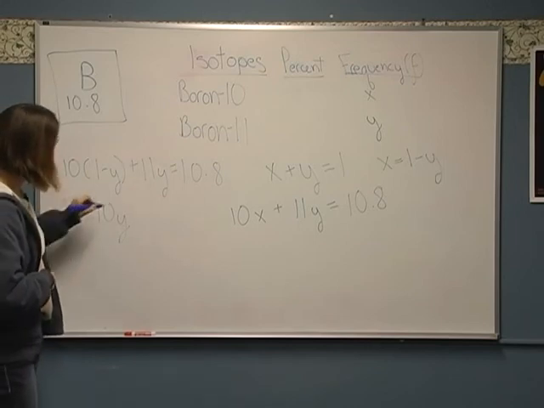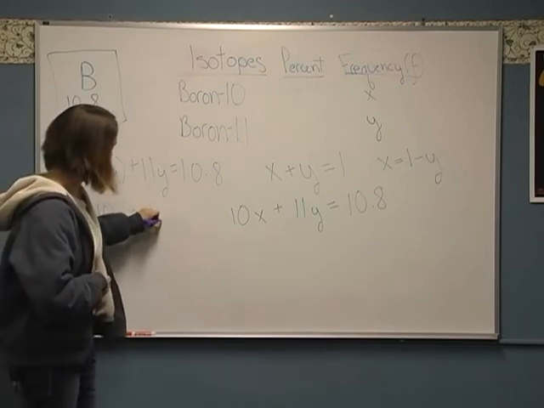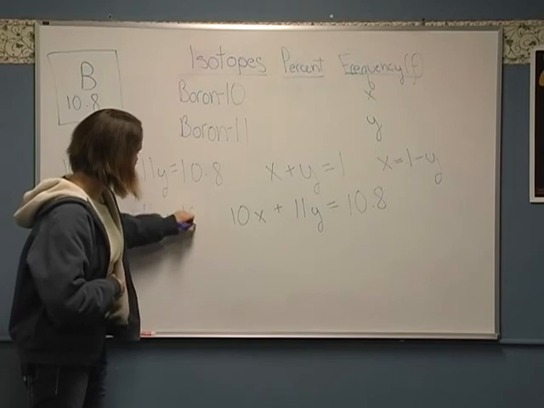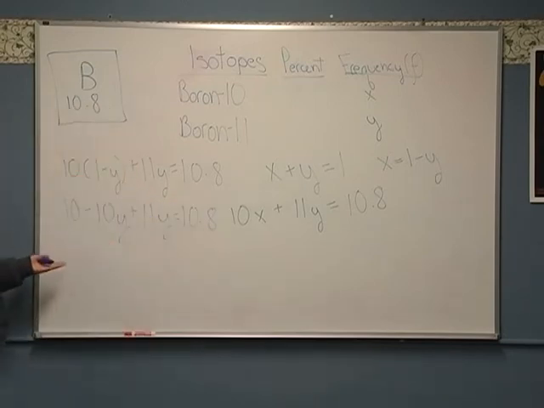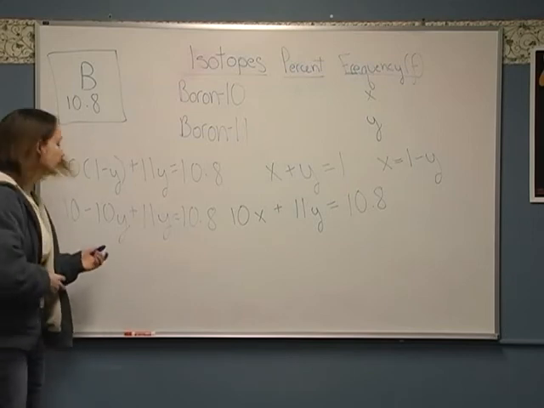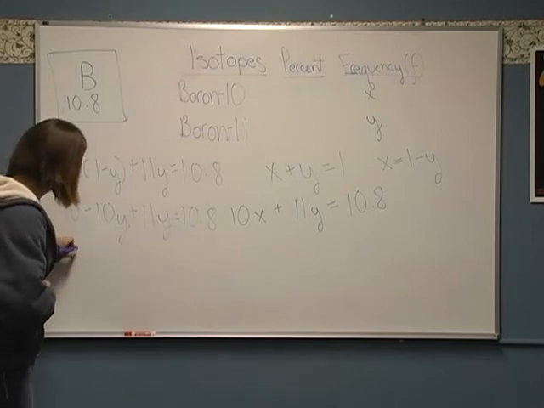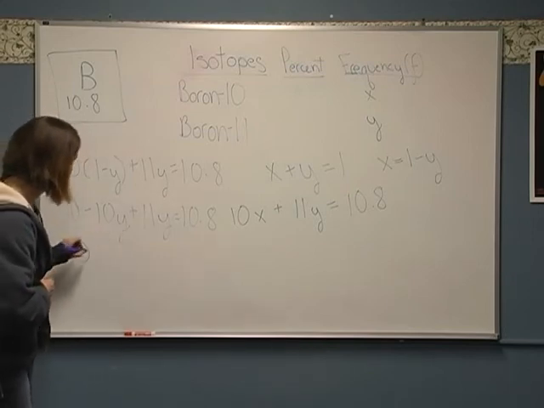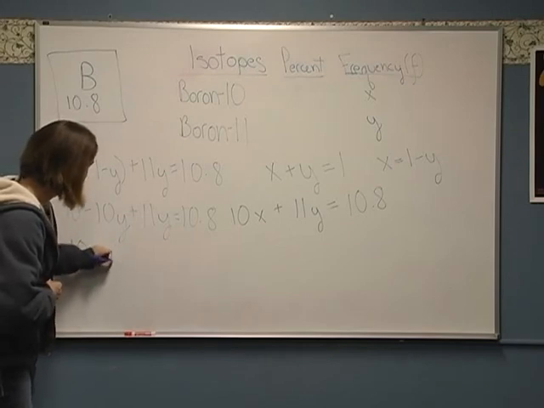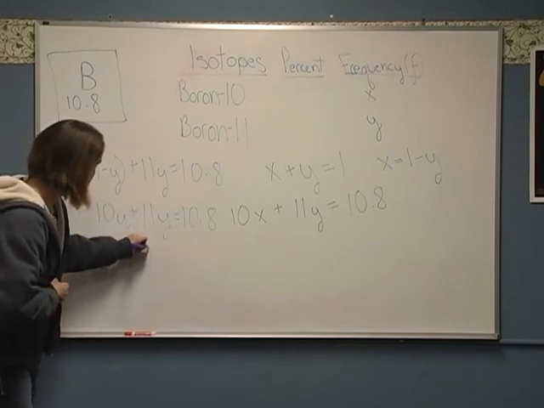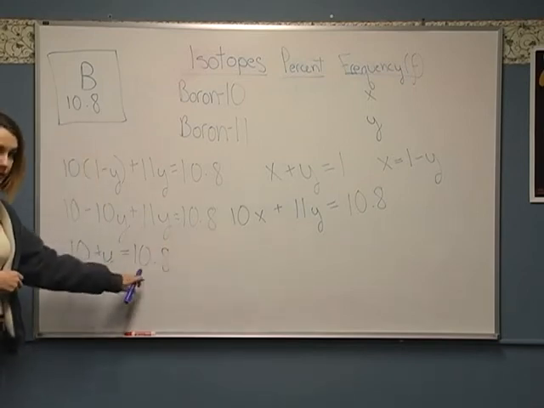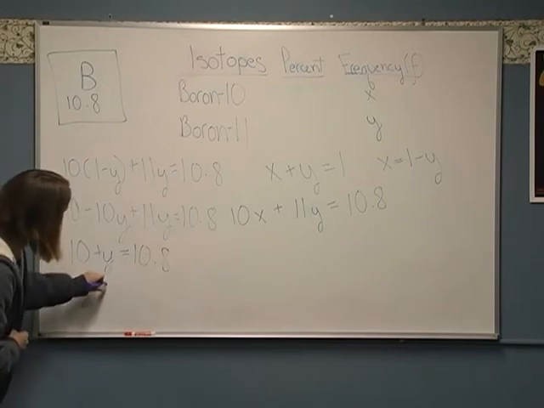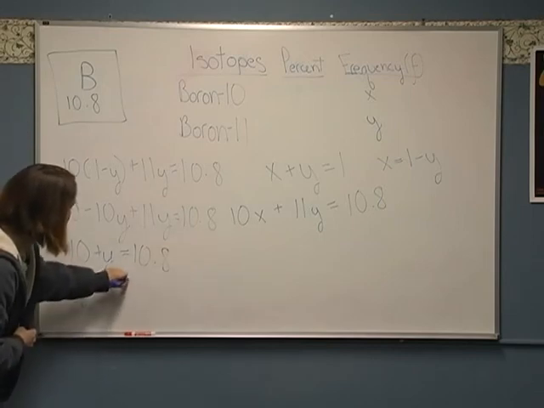Plus 11y equals 10.8. Now I just need to combine like terms and solve for y. So combining negative 10y and 11y, I'm just going to get regular old y. Now I just need to get y by itself, so I'll subtract 10 from both sides. And I get y equals 0.8.